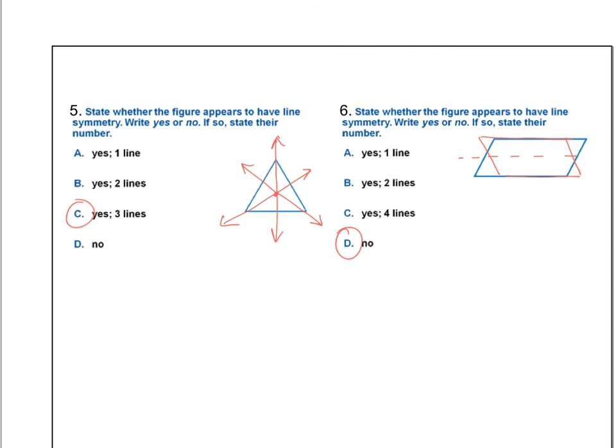Some people think, well, maybe it works diagonally, but try to visualize that. If you try to cut it diagonally, this part will go like that. So this would end up over here, and it's not going to match up. And so, as you already know, this one has none.